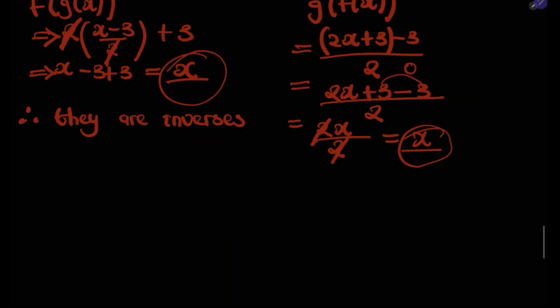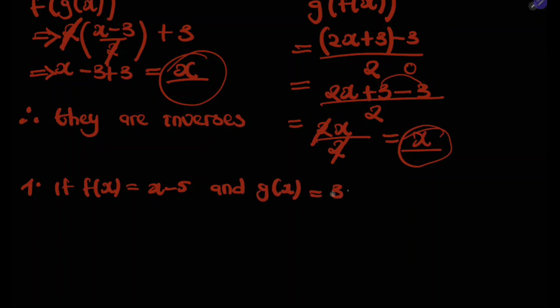Okay, so now let's have another quick example. Okay, let's have the first question. Let's say if f of x is equal to x minus 5, and let's say g of x equal to 3x.